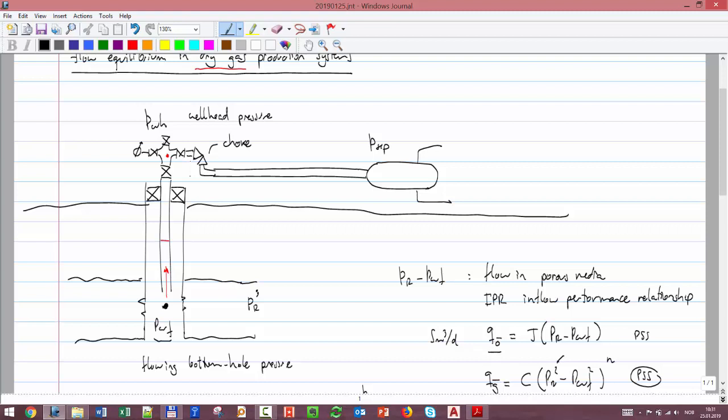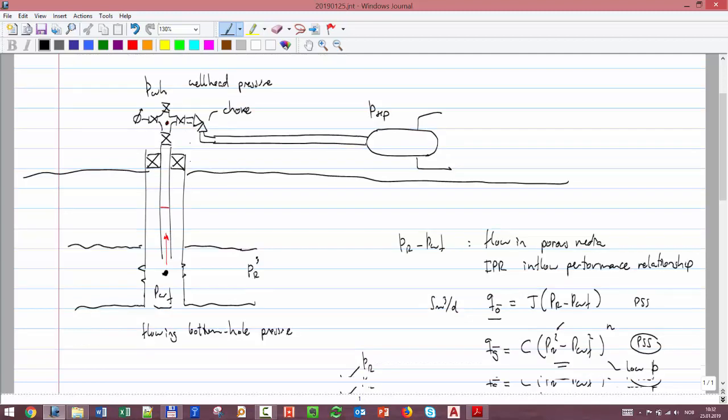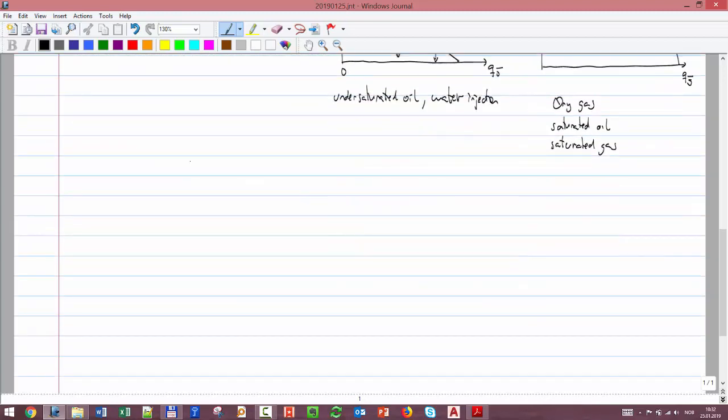Okay, so how does the equation look like when we go from point PWF to PWH? Now we go from PWF to PWH. How does the equation look like? Well, basically, I can use the same. If you think about the Bernoulli equation, right? I have a point in a pipe, 1, and then it goes to a point 2.